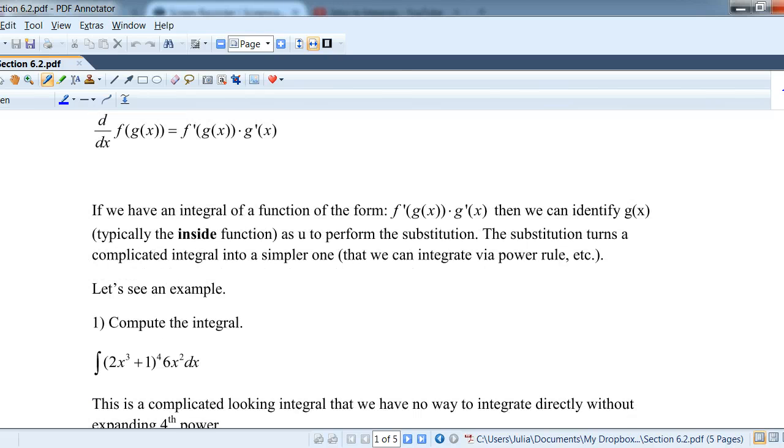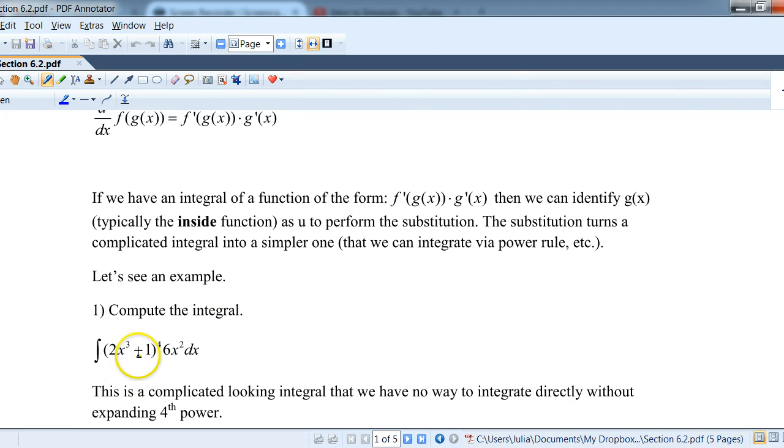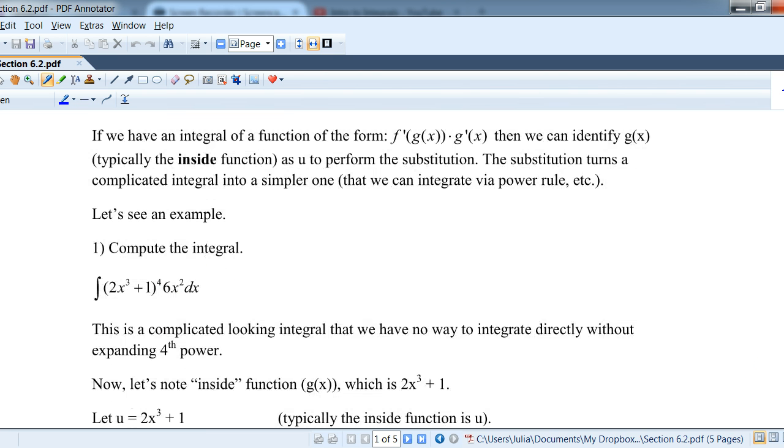So let's say we have this example: the integral of (2x cubed plus 1) to the 4th power times 6x squared dx. This would typically be a difficult integral to integrate directly because of the 4th power and the multiplication, but here's how we can perform the u-substitution.